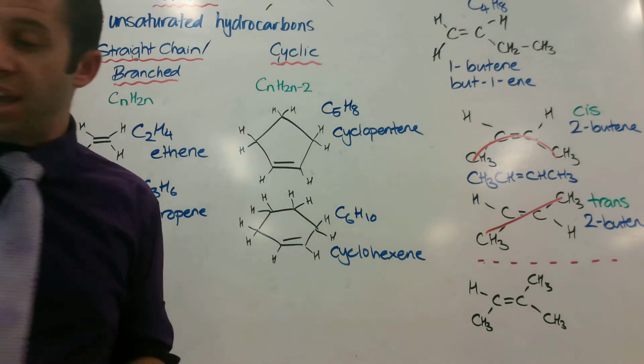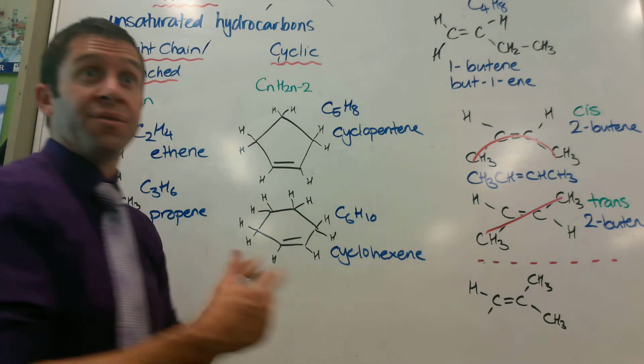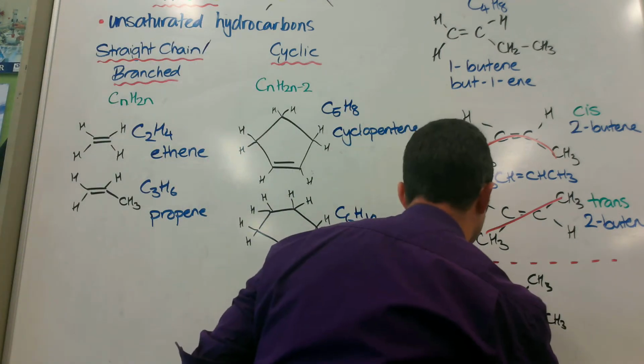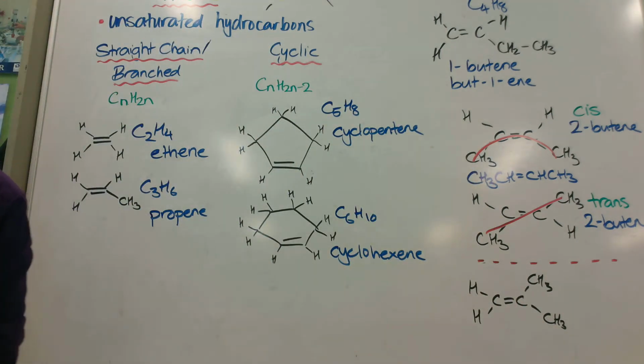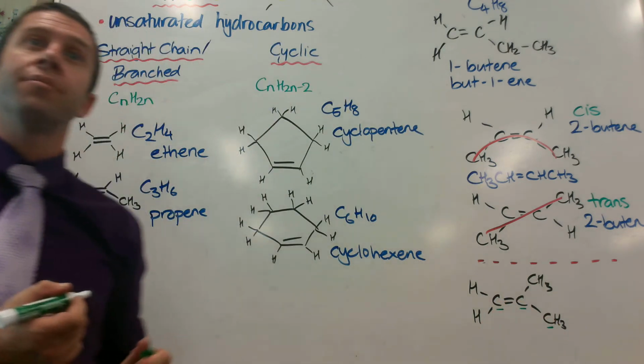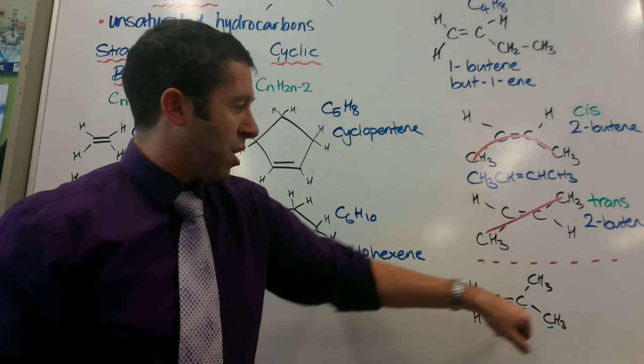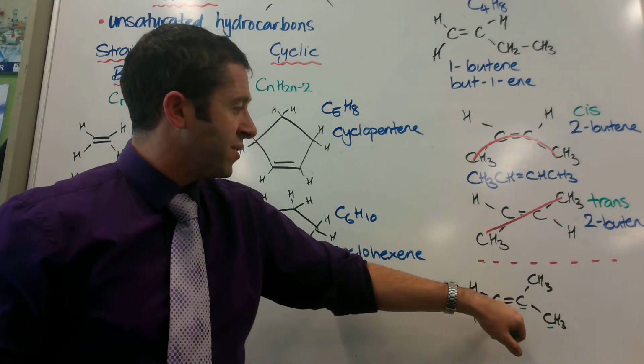Okay? If I get rid of this one and make it a hydrogen, so it is an isomer of this, our biggest carbon chain is actually only 3 carbons long. So it becomes propene. It does matter where I have the double bond.